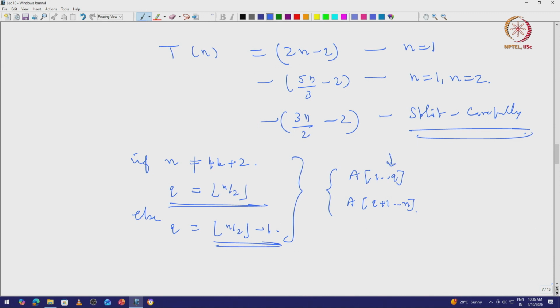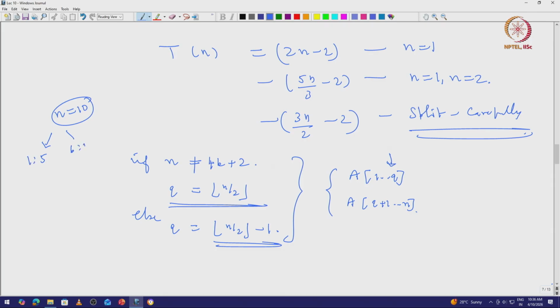So, if n equal to 10, earlier you would have got A[1 to 5], one recursive call, A[6 to 10], another recursive call.